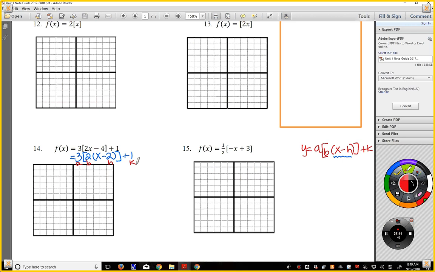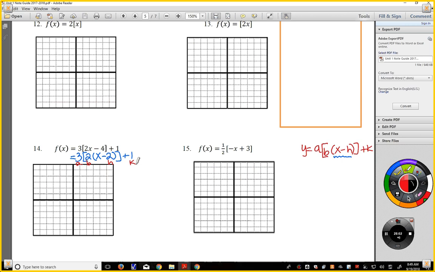and K values. Right? And our H and K do the same thing that they did before. What do they do to our graph? What type of transformation do H and K control? Yeah. Good. They tell us the vertex. And in this case, there's not really a vertex, but there's still a starting point. We always started our steps at the origin.